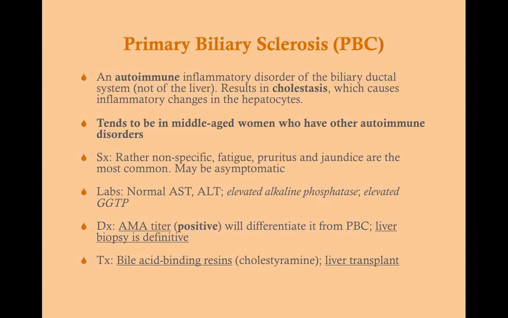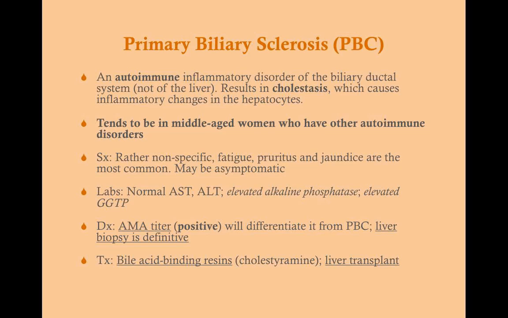Okay, primary biliary sclerosis. This is very similar to primary sclerosing cholangitis, but what's going to set it apart is the kind of patient it happens in and the AMA titer. So, primary biliary sclerosis is an autoimmune disorder. It also attacks the biliary ductal system.